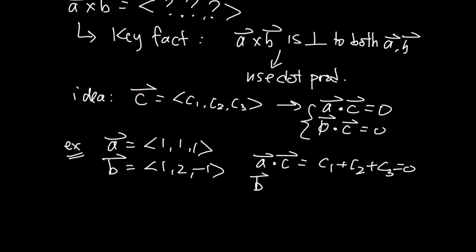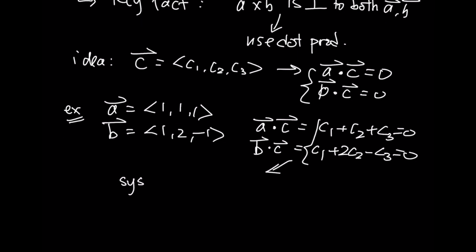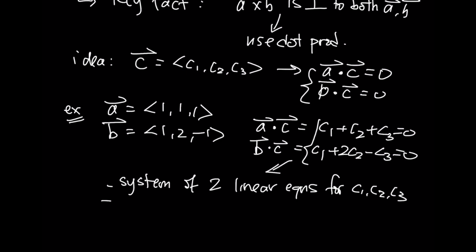B dotted with C would give me C1 plus 2C2 minus C3 equals 0. This produces a system of two linear equations for C1, C2, and C3. What we will need to do is solve this system.